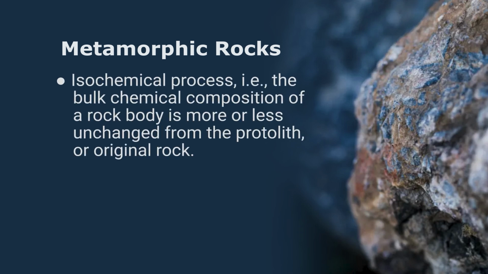Now it is an isochemical process. That means the bulk composition of a rock body is more or less unchanged from the protolith or original rock. That means if you take a metamorphic rock and its parent rock from which it formed, the bulk composition will be the same, but the texture will be different. That is how we identify the metamorphic rock.